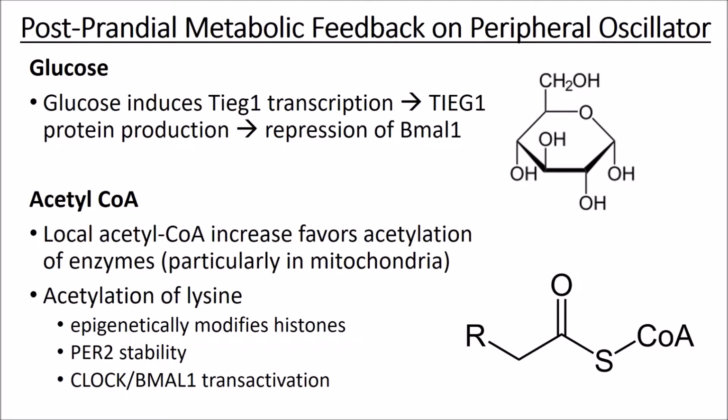These peripheral oscillators can be entrained by food timing as well as by food intake and nutrients in general. Glucose triggers repression of BMAL1, acetyl-CoA regulates CLOCK and BMAL1 as well as PER2. So we're basically getting some entrainment of these genetic oscillations based on the consumption of different nutrients.